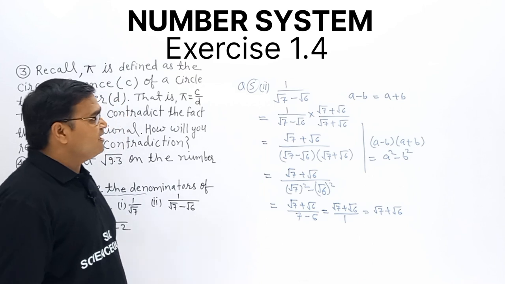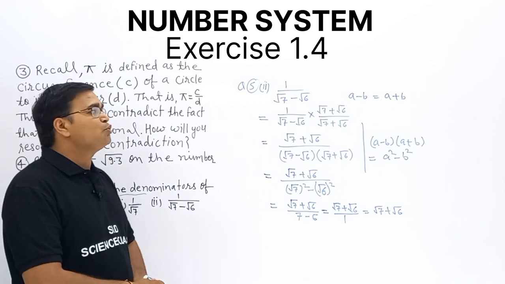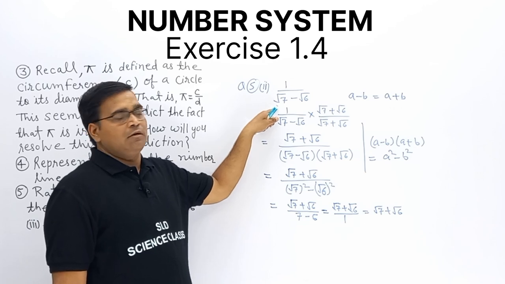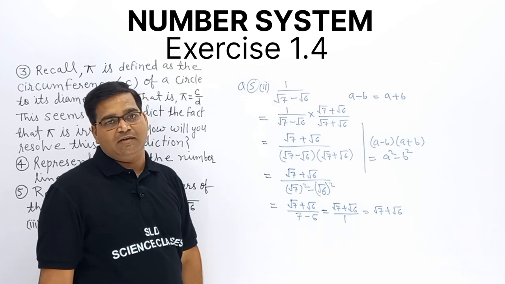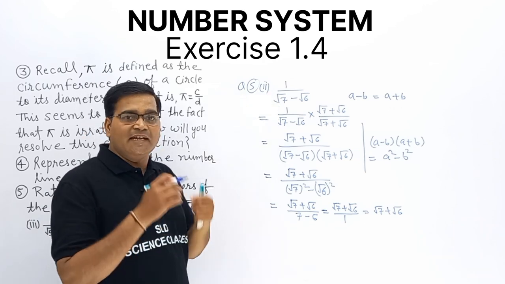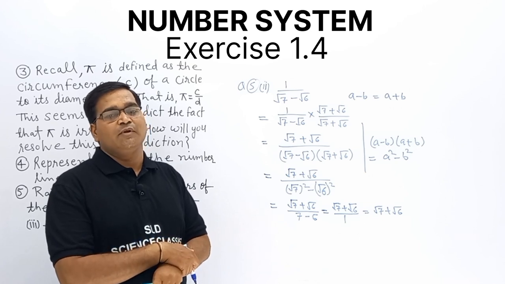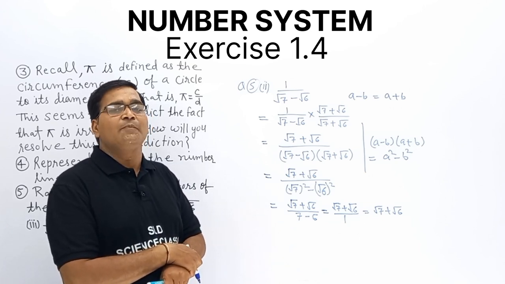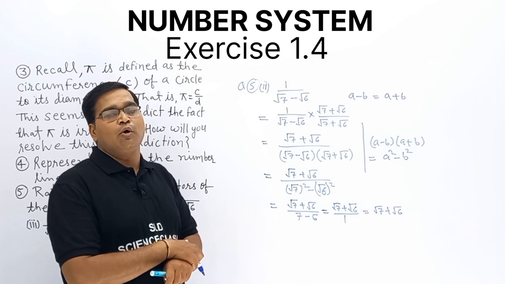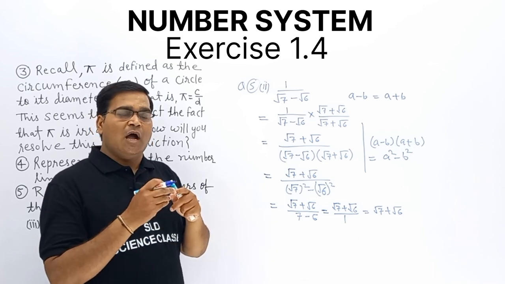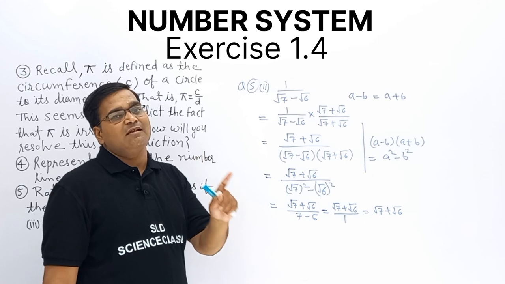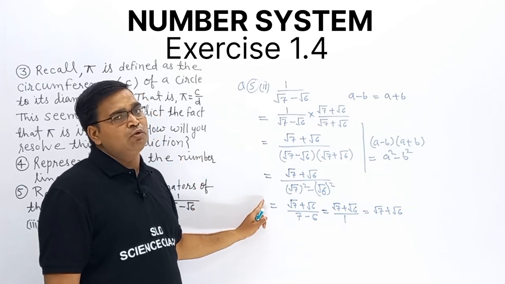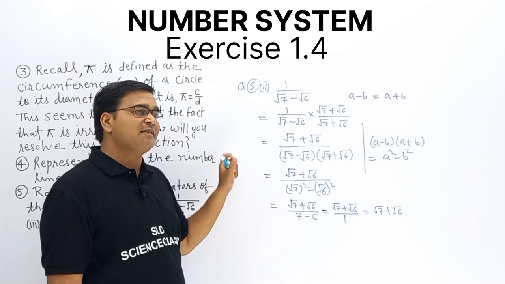So I hope you understand why we are doing rationalization, because we want to remove the square root or radical sign from the denominator. If we have a radical sign in the denominator, then fraction to decimal conversion is not easy. So how will we remove this? By using rationalization of the denominator. If a single term is in the denominator, in the root, we will multiply and divide by the same number.